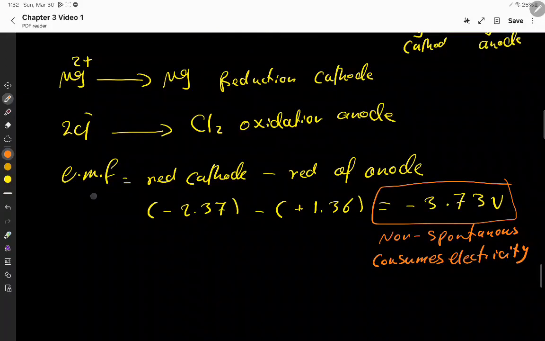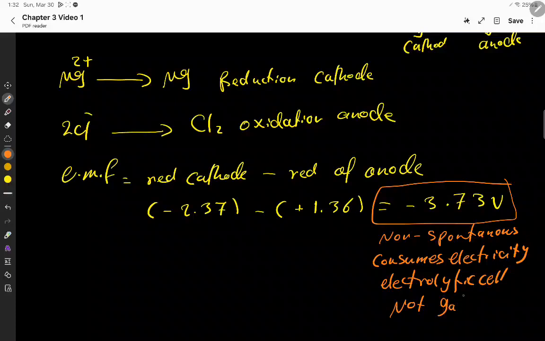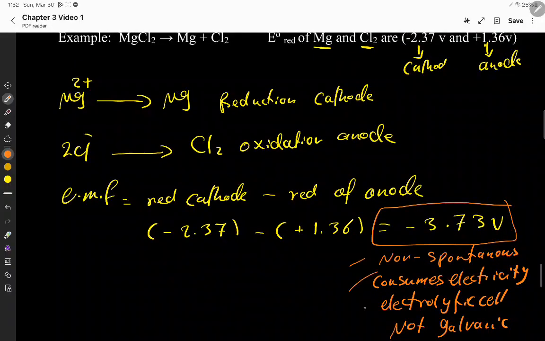It did not produce electricity. It is an electrolytic cell, not galvanic. So we concluded all these ideas from the reduction potential, because a negative value is not in a galvanic cell. It is a non-spontaneous reaction.